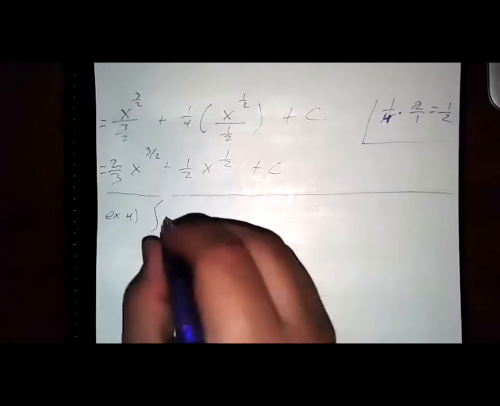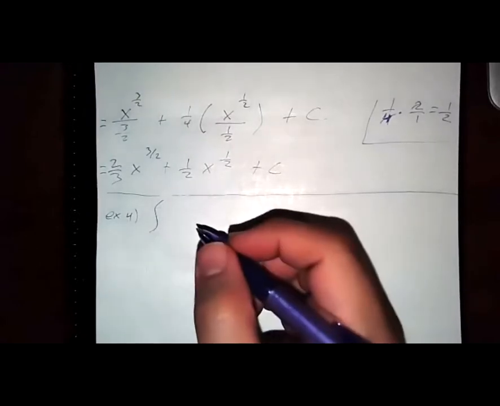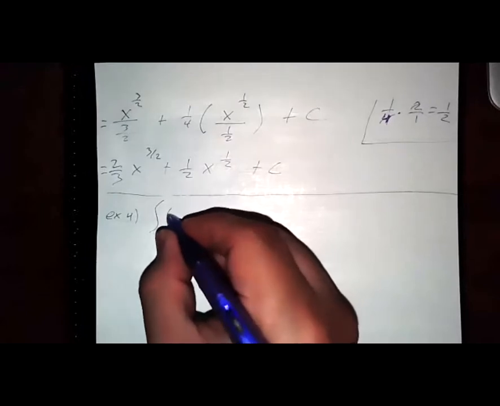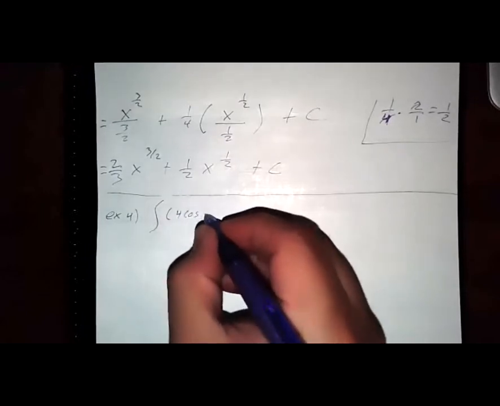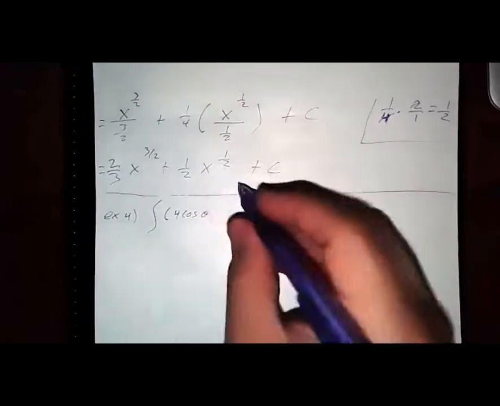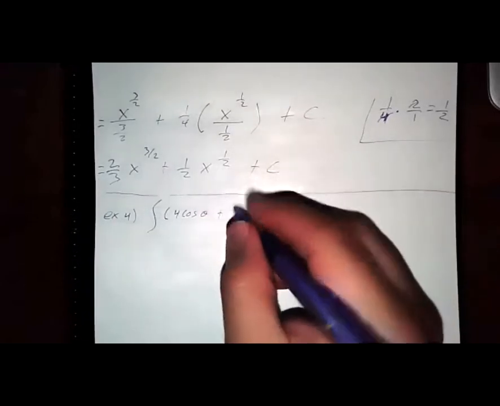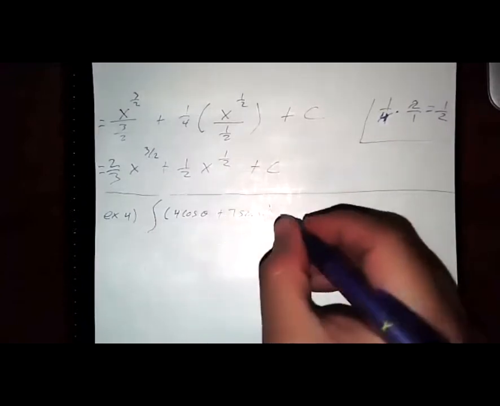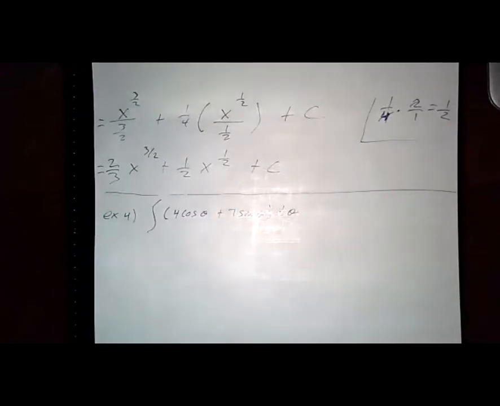So we'll still have the integral. Now you have to undo and go backwards for the trig functions. I will use theta, that's fine. The integral of 4 cosine theta plus 7 sine theta.